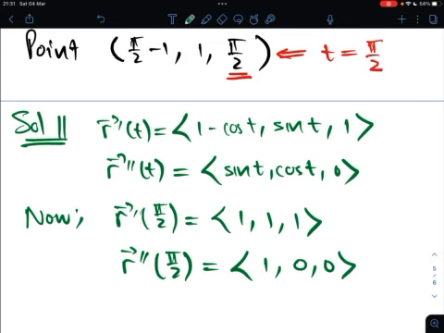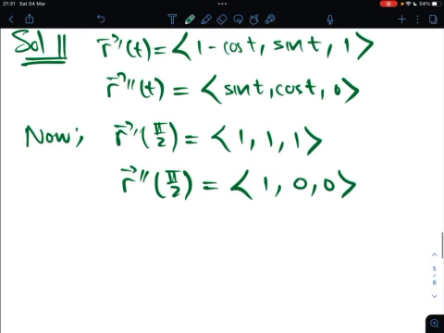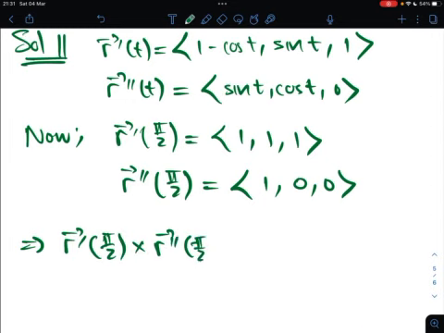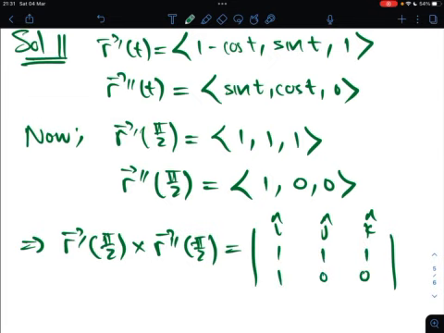Now we just have to find the cross product of these two, because we know the formula requires the cross product. So the cross of this vector and r double prime at pi over 2 is equal to the determinant with i, j, k, 1, 1, 1, and 1, 0, 0.